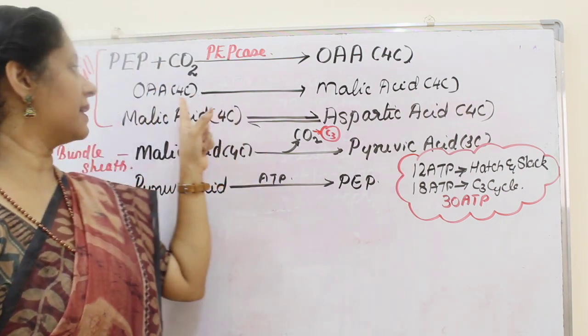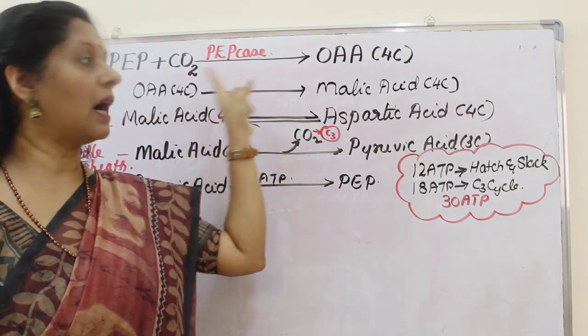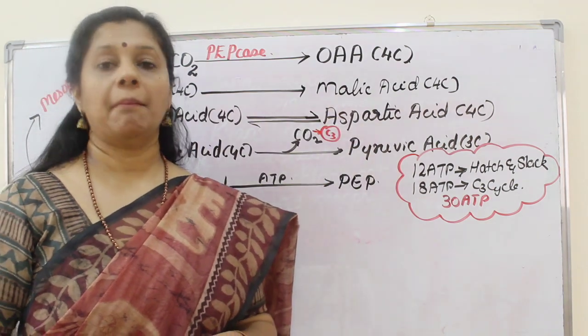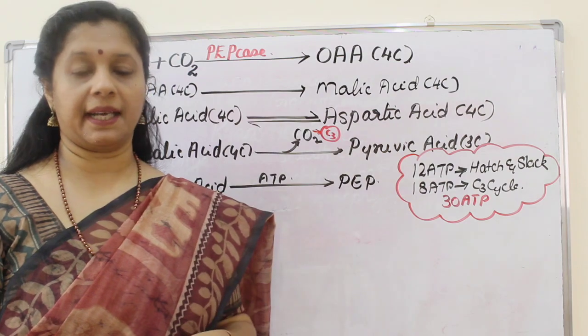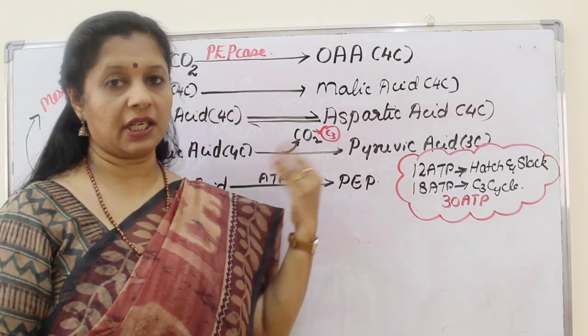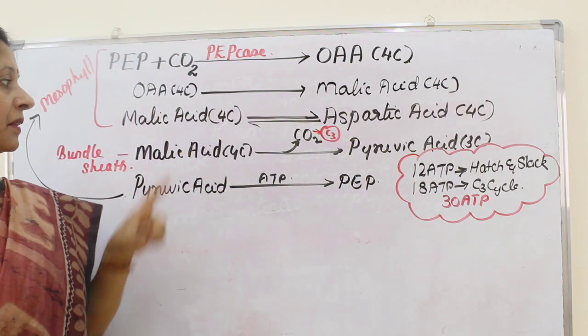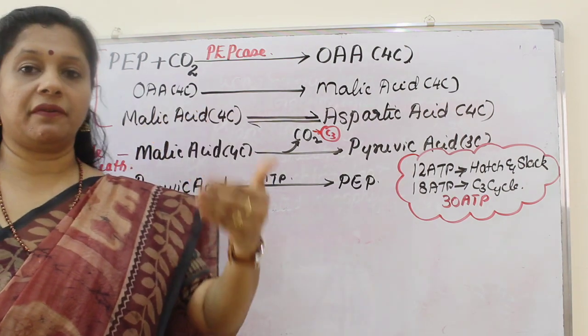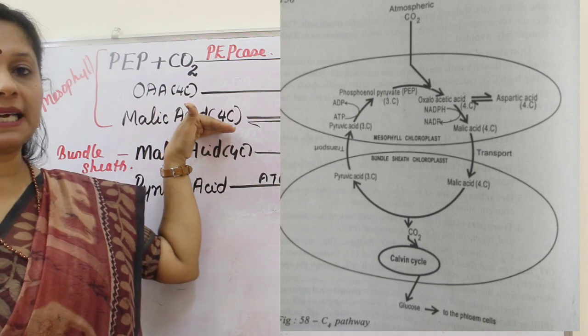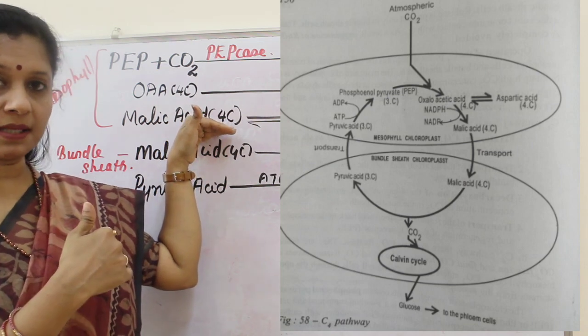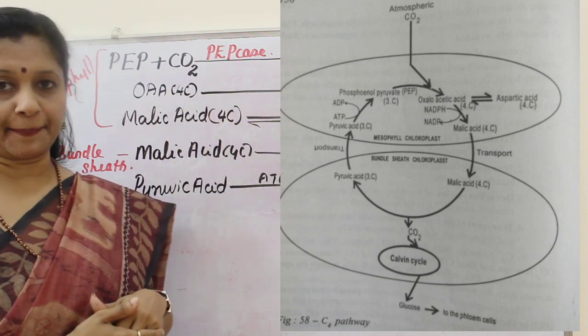Now this oxaloacetic acid is converted into another 4-carbon acid called malic acid. Malic acid sometimes will become aspartic acid, but it is a reversible reaction. It will come back as malic acid. Now this malic acid will be shifted to the bundle sheath chloroplast. So up to this, the formation of malic acid happened in the mesophyll chloroplast in the presence of the PEP case enzyme.